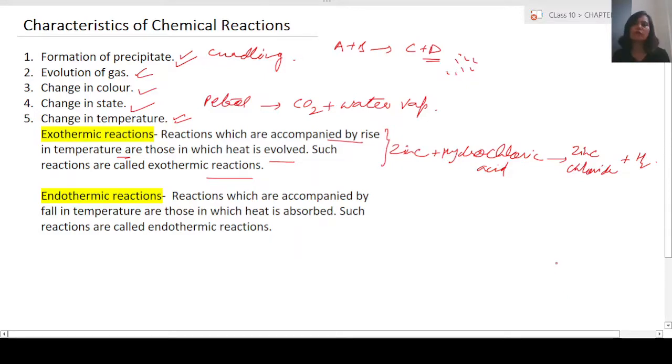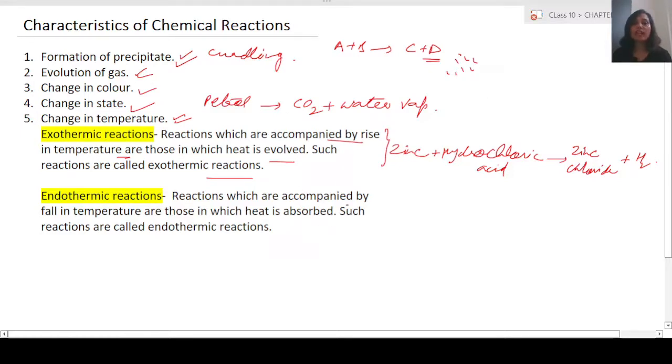There are a lot of reactions which are exothermic in our surroundings. Now, endothermic is the opposite of exothermic. An endothermic reaction is a reaction in which heat is absorbed, not evolved.